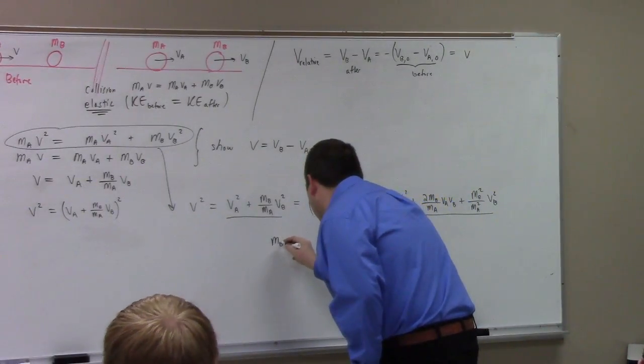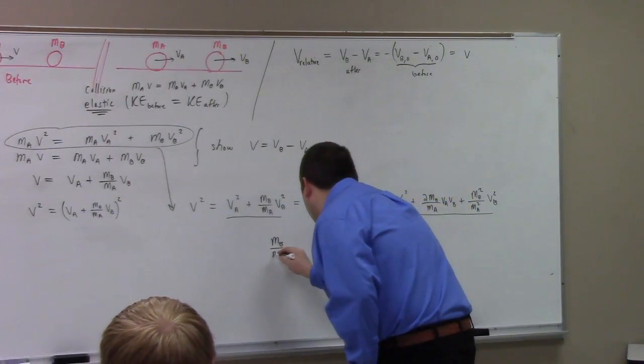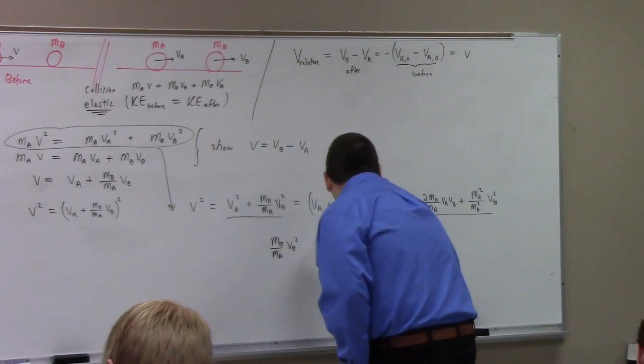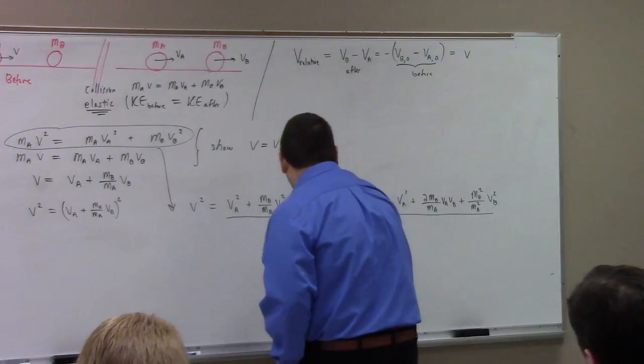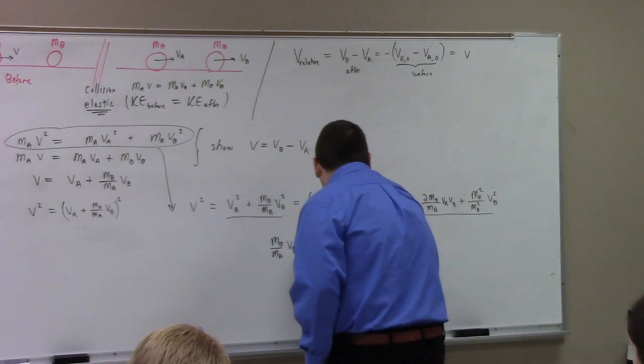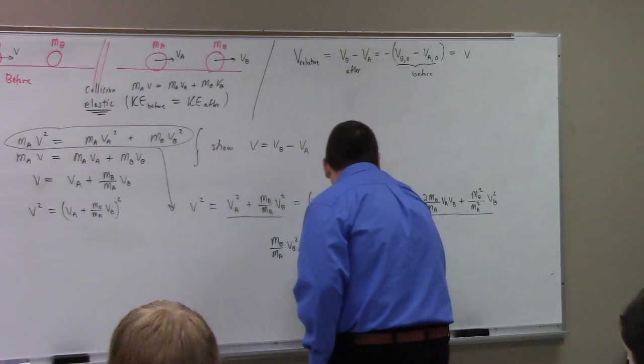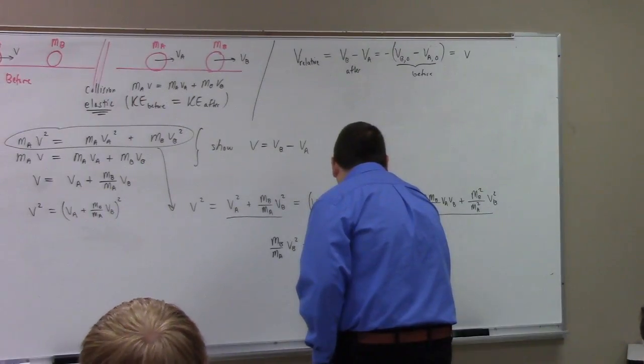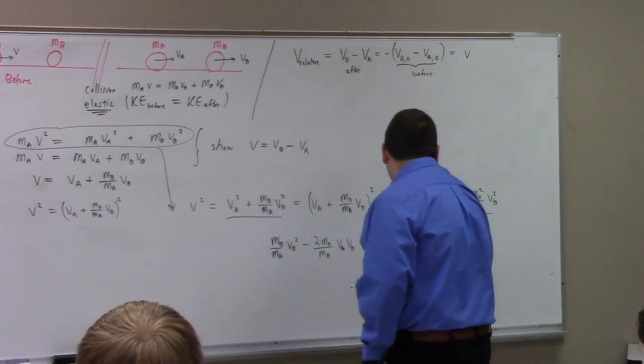We have MB over MA VB squared minus 2 MB over MA VA VB equals to what? Equals 0.